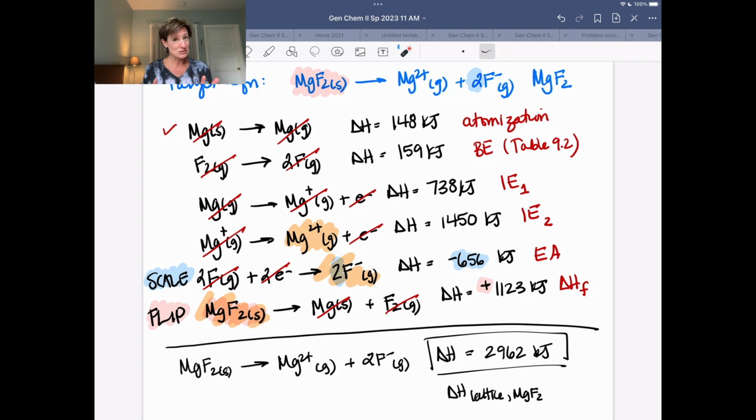So I know that was a lot, but keep in mind that all this really is a big Hess's law problem. But there are several things I need to make sure you know about this problem.